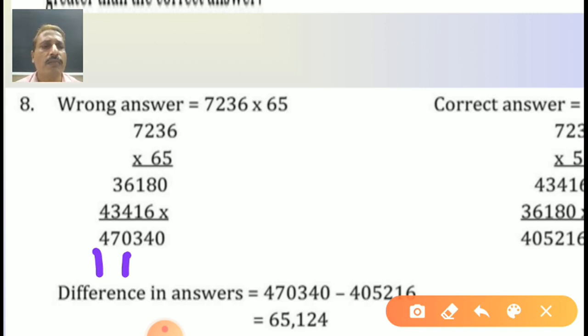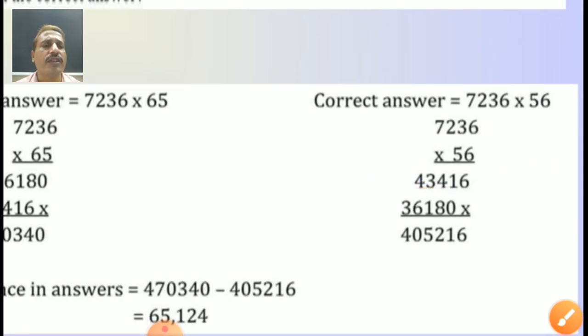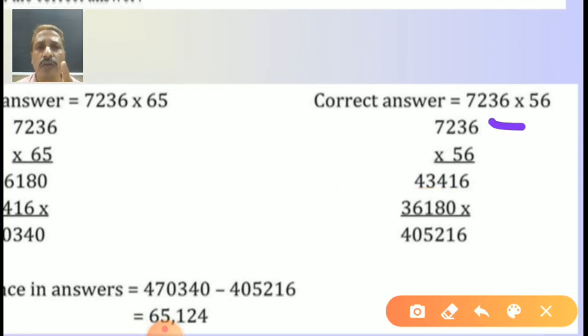Now according to the multiplication by 56, the multiplicand is the same. See students, you may have forgotten this one. First number is known as multiplicand, second number is known as multiplier, and last answer is the product. Be careful. Now the second answer is here: 4,05,216. Now difference means subtract it.